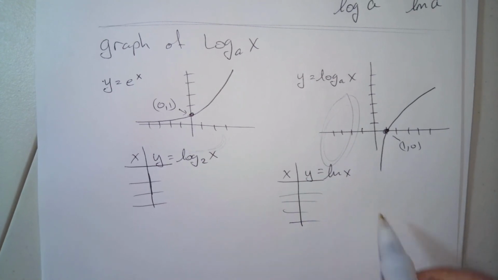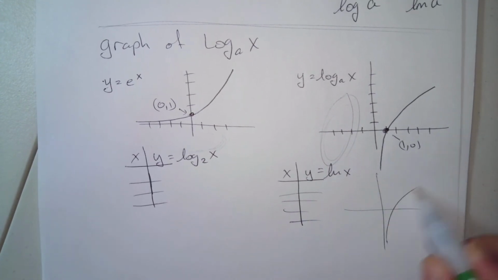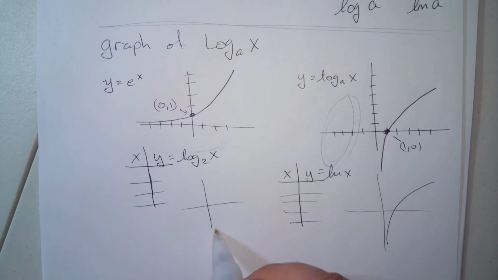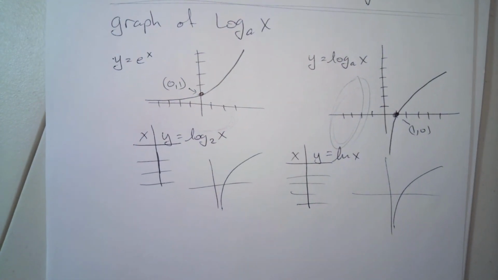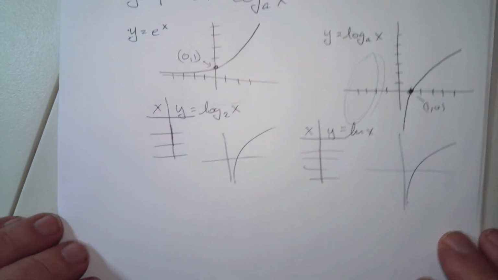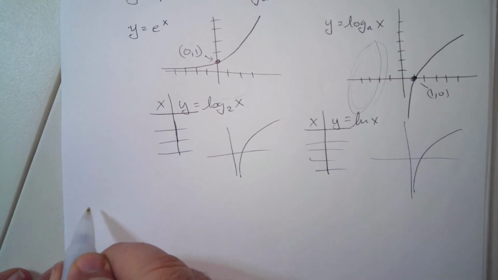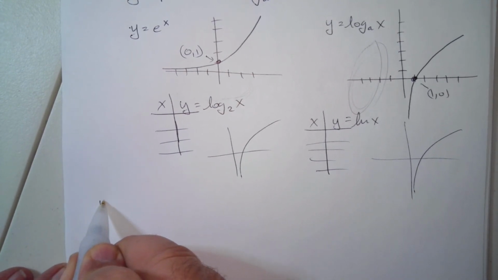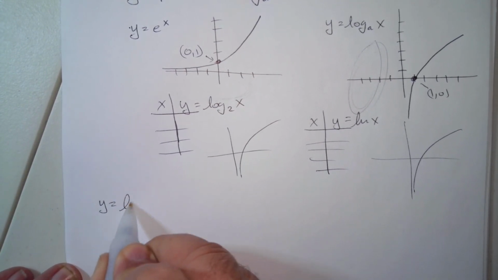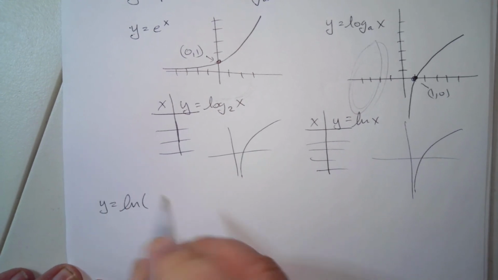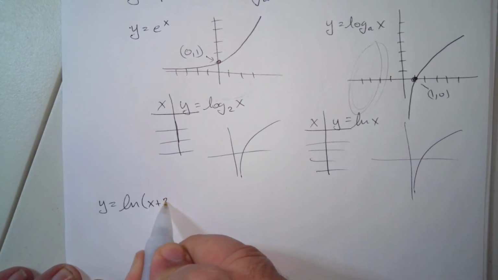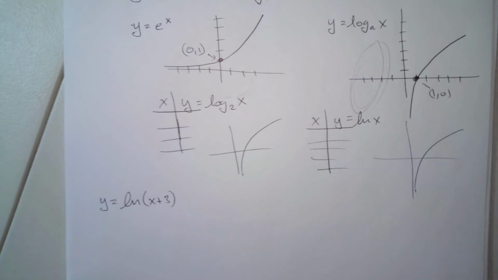Same thing there. It's always going to have the same basic shape each time. We also have transformations. Again, because it's easy, I'm going to use the ln function. It's easy to write, not because it's easy to calculate.